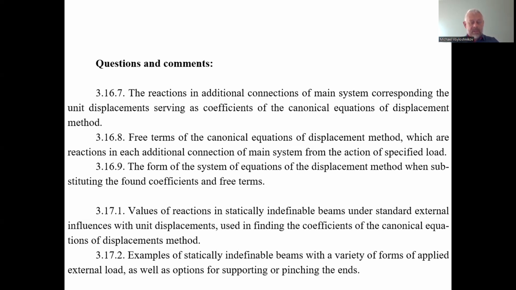3.17.1, this presentation corresponds with article 3.17 from the book indicated originally. Finding the reactions of statically indeterminate beams under standard external influences with unit displacement, used in finding the coefficients of the canonical equation of the displacement method.